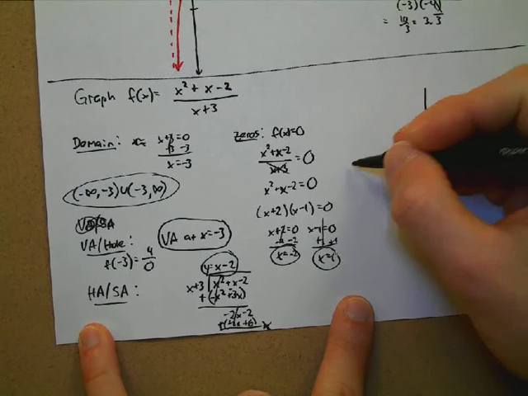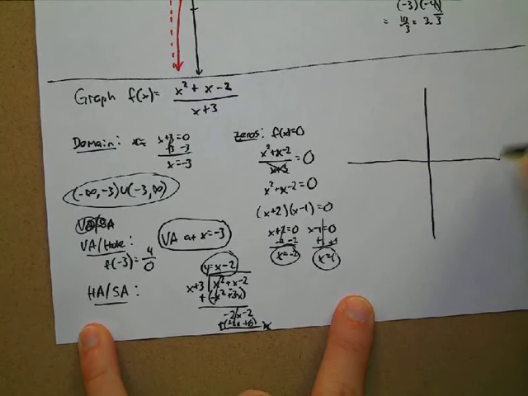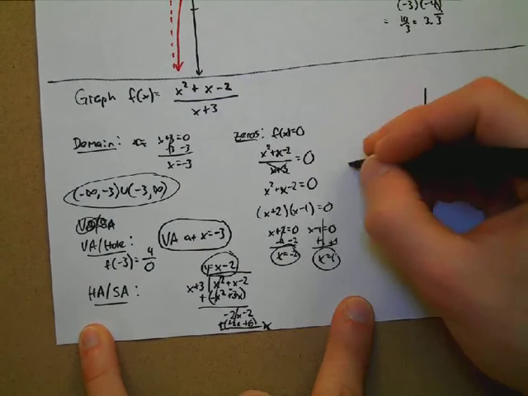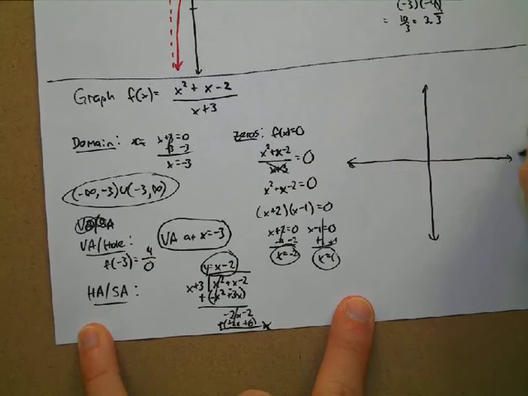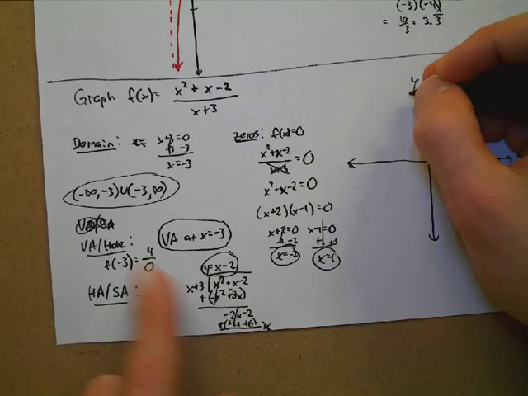Again, draw your vertical asymptotes first, or draw all your asymptotes in first. They are like the bones.